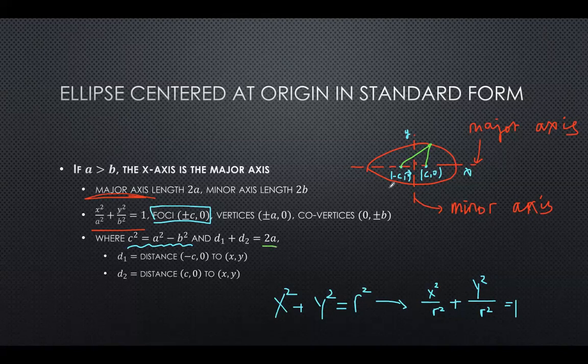And the number is 2 times the length of the half axis, which is the length of the major axis. So the sum of these two distances is the same as the major axis here.